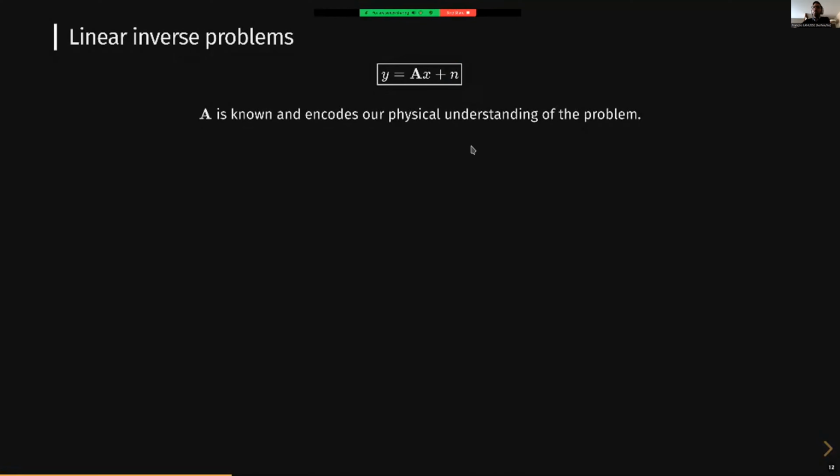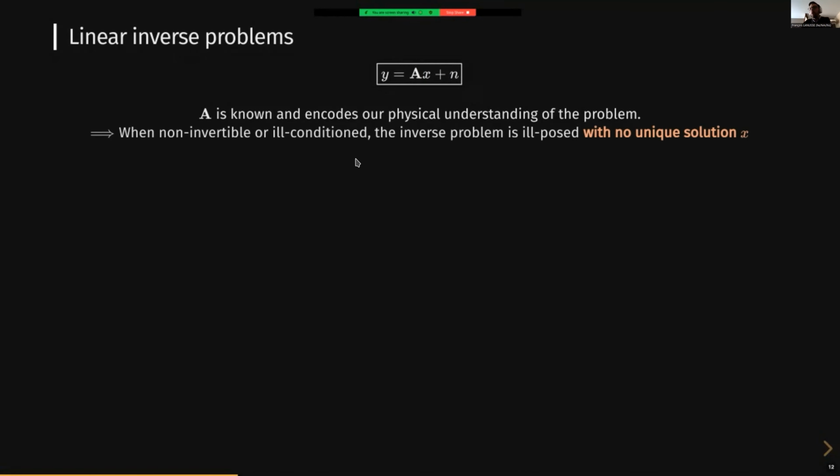This operator A is usually known, but it is losing information about the data that you're trying to recover. Because you have lost information and you have noise, there is usually not a single possible answer to the problem, and it's very difficult to recover the true X from some observable Y.